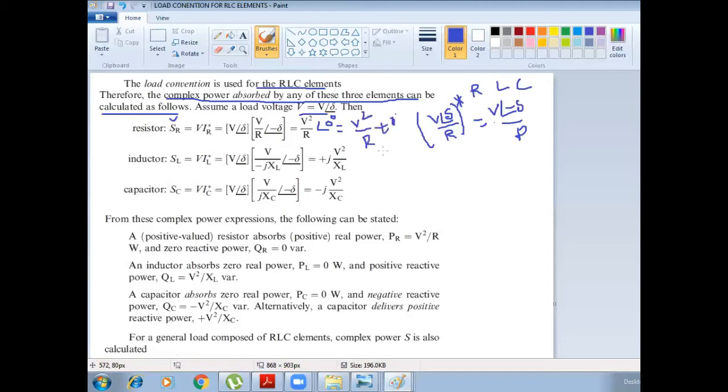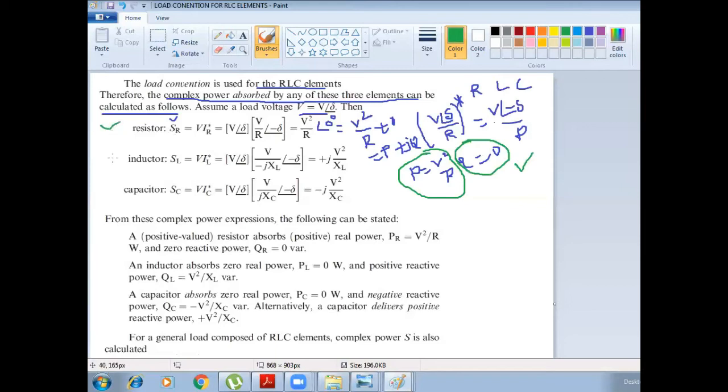Here the complex power is P plus jQ, where P equals V square by R and the reactive power is 0. So the resistor absorbs this real power, and the reactive power absorbed or delivered by the resistor is 0.